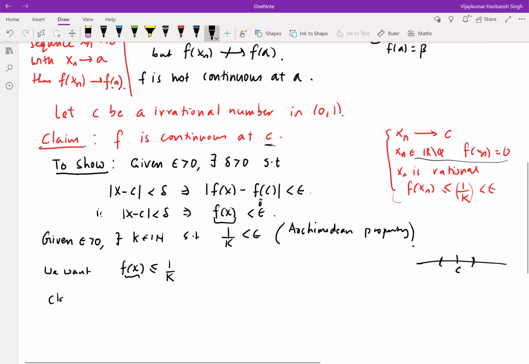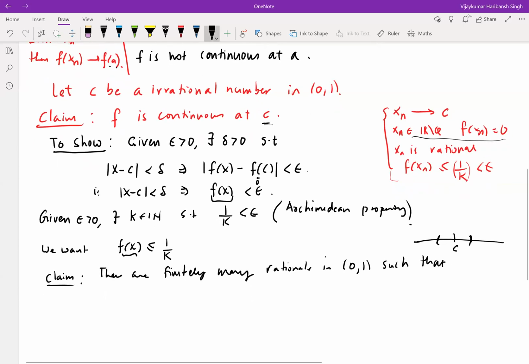Claim one: there are finitely many rationals in 0, 1, not throughout the whole real numbers, but in 0, 1, such that the denominator of x is less than or equal to k.